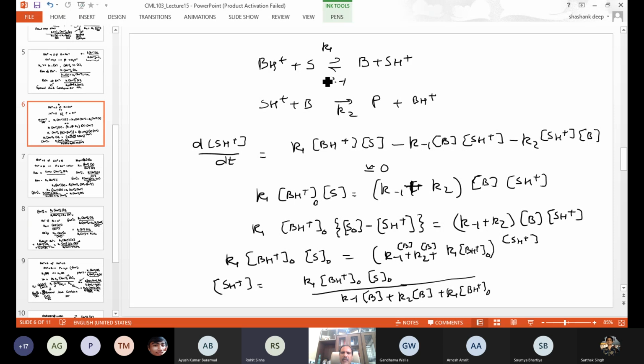Because, you see, we are again looking at the initial concentration. What we are saying is that S naught is S plus SH plus. That's what we are taking, and so S can be written as S naught minus SH plus.